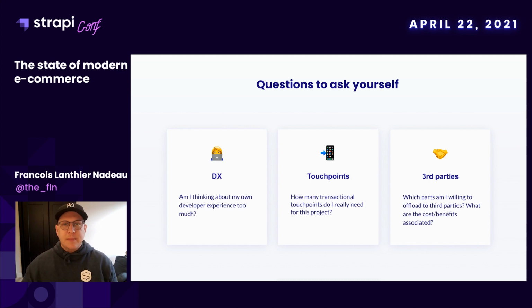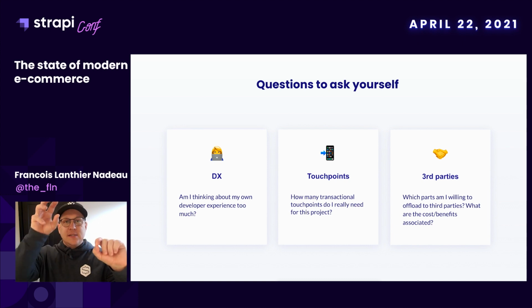The third question is about third parties. You are a developer or a web designer, you have skills, you kind of know where you can add the most value. So you need to identify that, and then identify the places where your value add could be shaky, let's say.